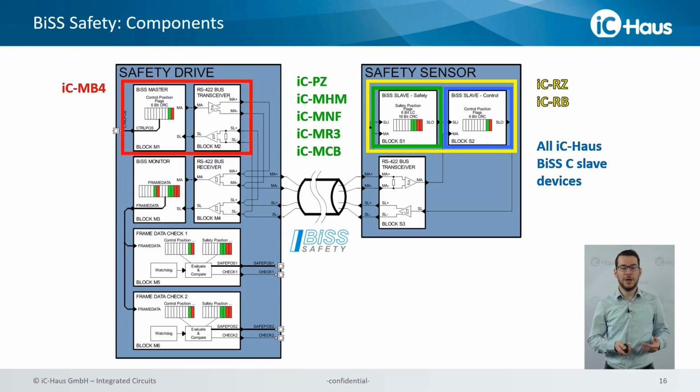On the safety drive, we have our standard iC-MB4 for controlling the BiSS communication, and we have the BiSS monitor, iC-MCW, which simply observes the BiSS communication between master and slave without affecting the communication and provides the data to microcontroller units, safe microcontroller units in that case, who then perform a frame data check.